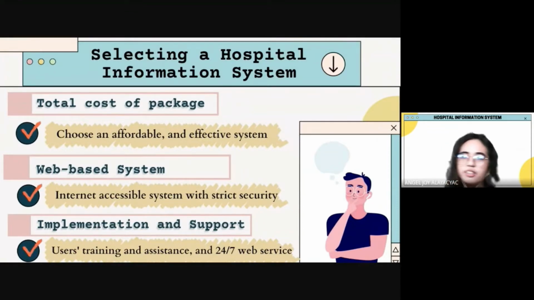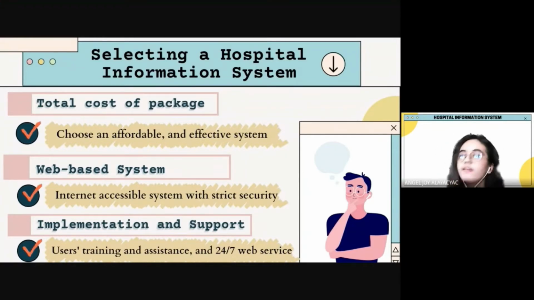And if you're going to look or think of it, a hospital that won't conduct assistance and trainings to their employees who are going to monitor the system, it's kind of, we can call it pabaya, di ba? Just like, kung gusto mo na magpapa-implement ka ng isang rules, make sure that those people who are going to overview the rules are much more knowledgeable. So the hospital is responsible to conduct trainings and assistance for their employees or users under the system.